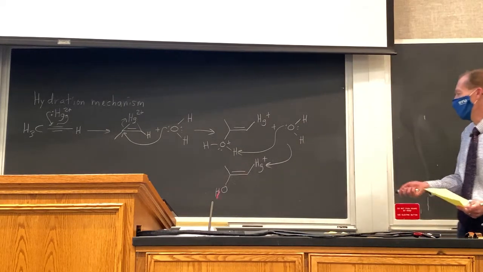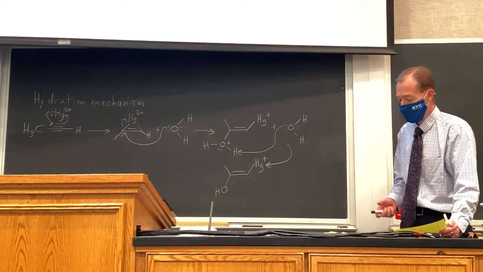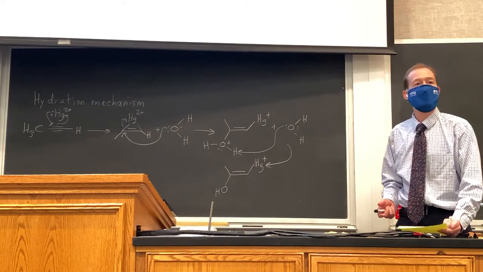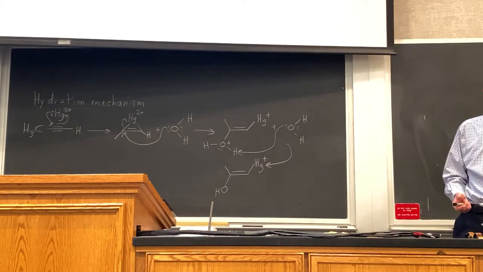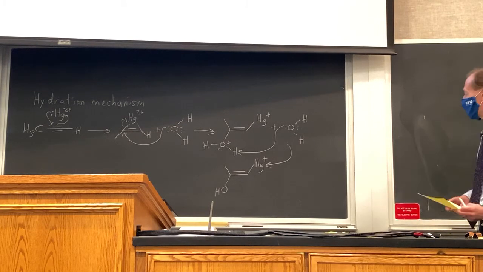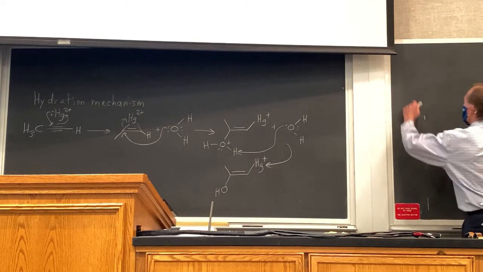When we have an alkene with an alcohol attached, what do we call that? We call that an enol. And what happens to enols? Okay, they will undergo tautomerization to afford ketones.